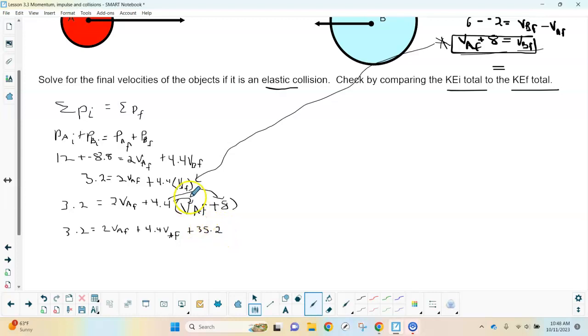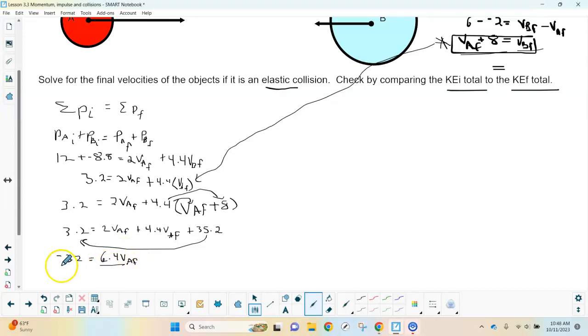Then it's just grouping like terms. I'm going to take this 35.2 to the other side. It becomes negative. So negative 35.2 plus 3.2 just gets you a negative 32. That's equal to 6.4 VAF.